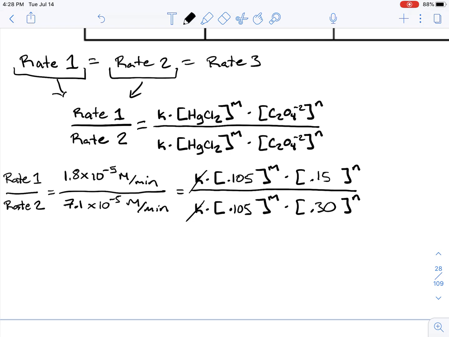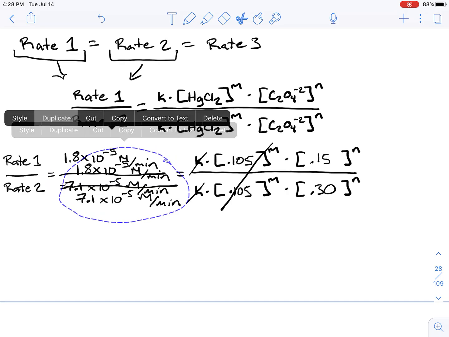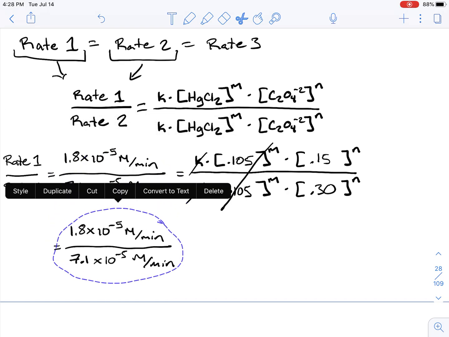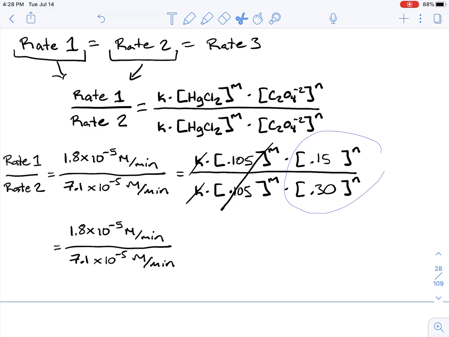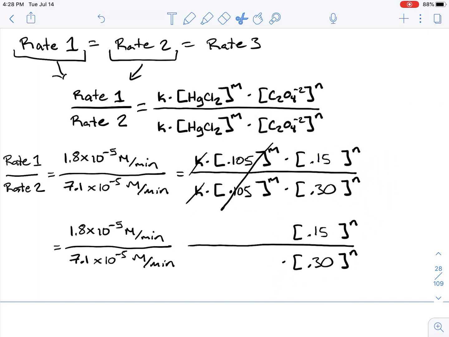Notice that here we have 0.105, 0.105. If you take the ratio of these two, this is going to cancel out, leaving us with simply this value, and this value.